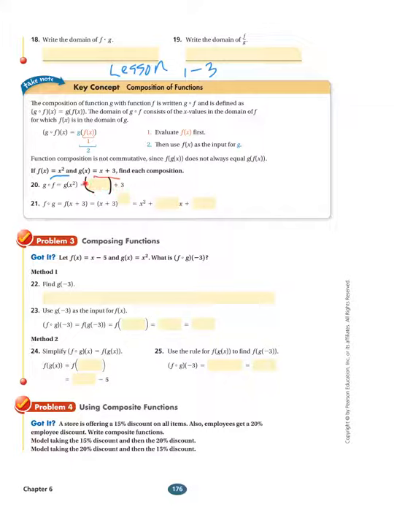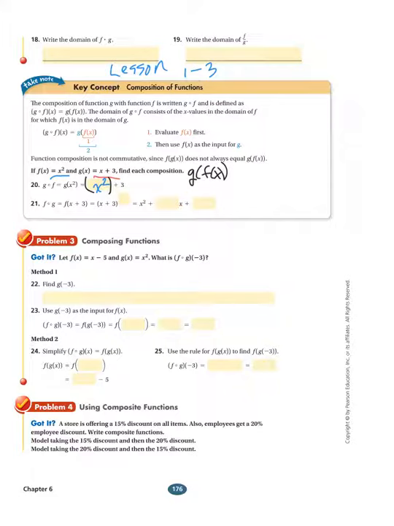Then we are going to input into g of x the f function right here. That's what they're saying: g, and the input is f of x. I like to write it so it would look like g of f of x. We're going to take that f of x and put it here.